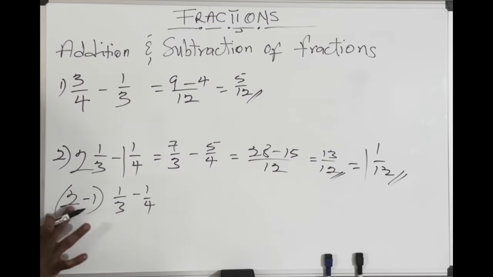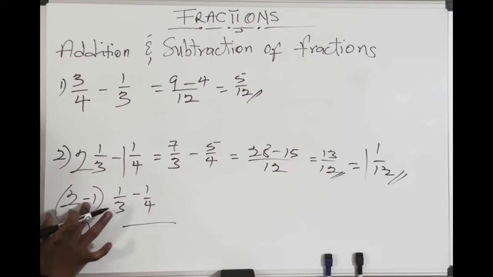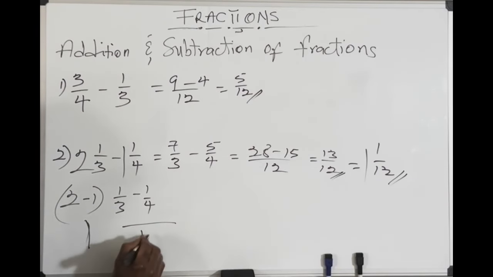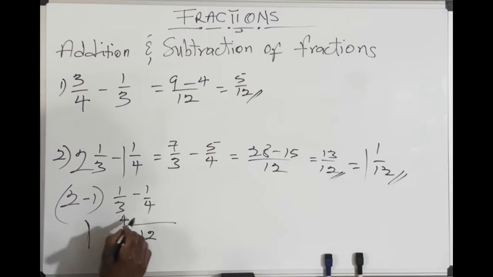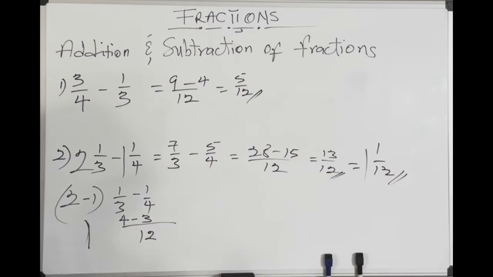So 2 minus 1 is 1, okay? Look for the same denominator. 3 goes here, 4. 4 minus 4 goes here, 3. So 1 whole number, 1 over 12. So we arrive at the same answer. Okay.